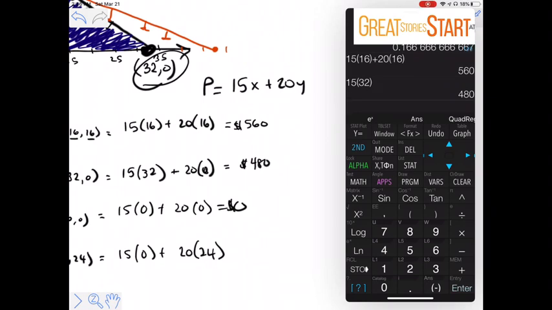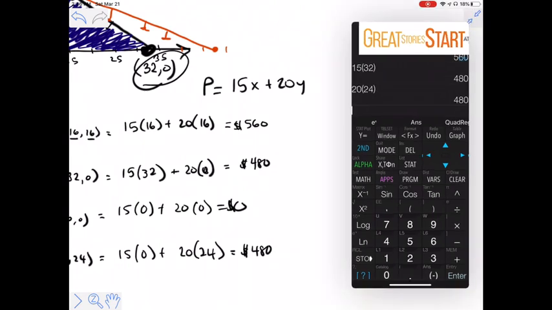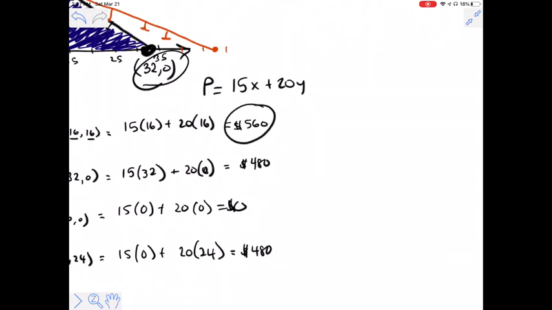We have $0, and then 20 times 24 is $480. So that's the maximum value of P. So to maximize P, they're going to make 16 Oxfords and 16 loafers.